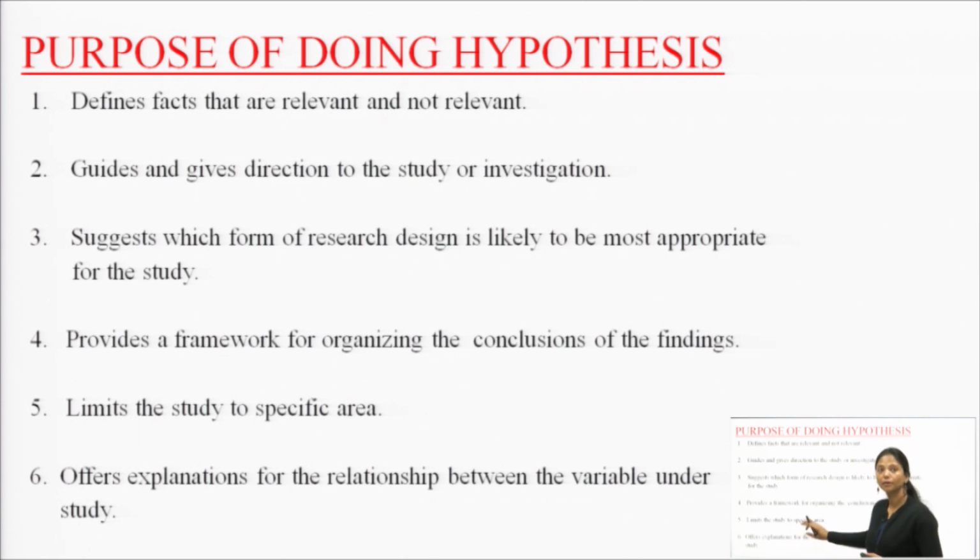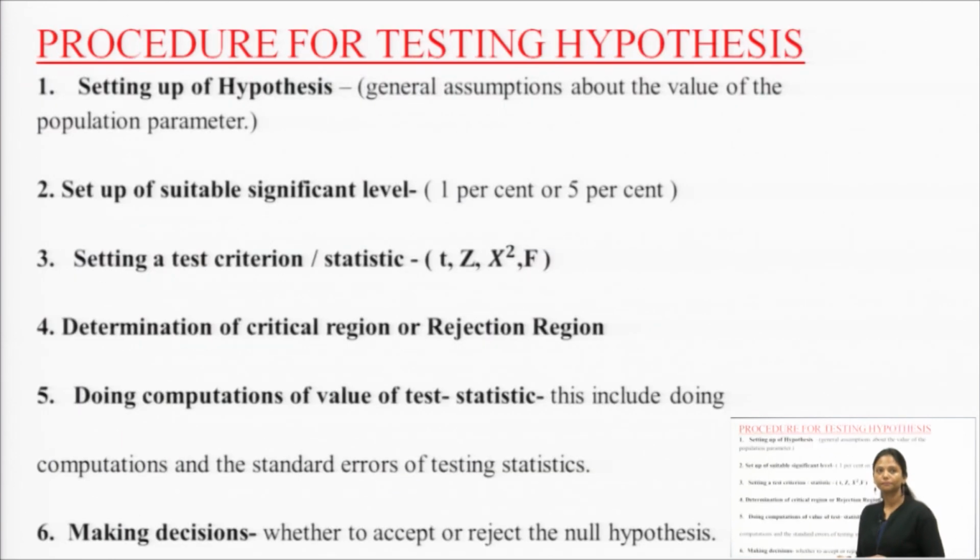You are supposed to limit your study to a specific area, because you cannot spread yourself over all the areas. And you are supposed to offer the explanation as to what relationship you want to establish between the variables, and explain to the people or to yourself why you are doing it.